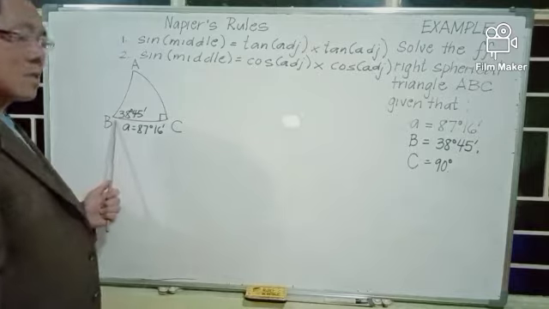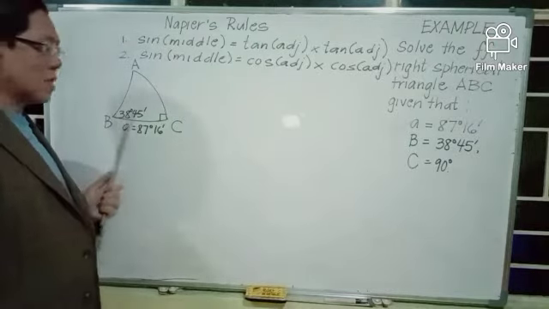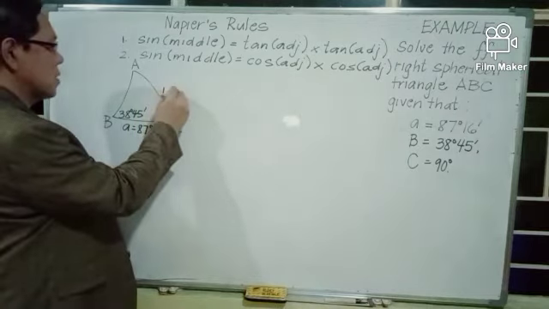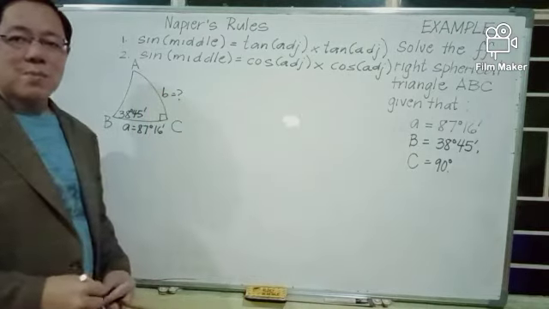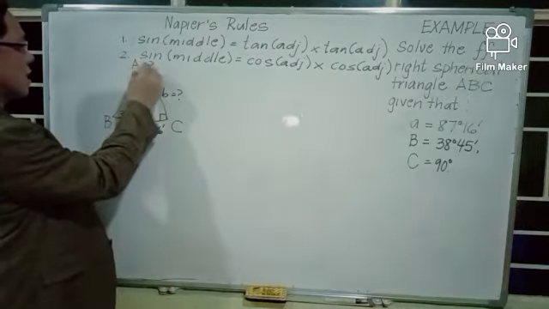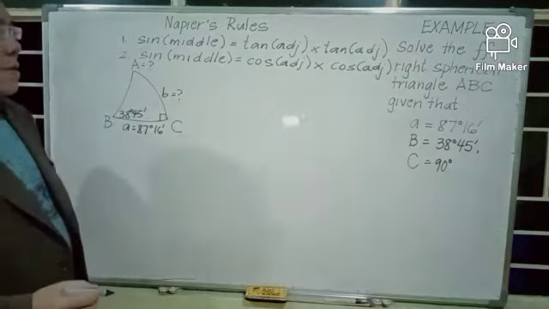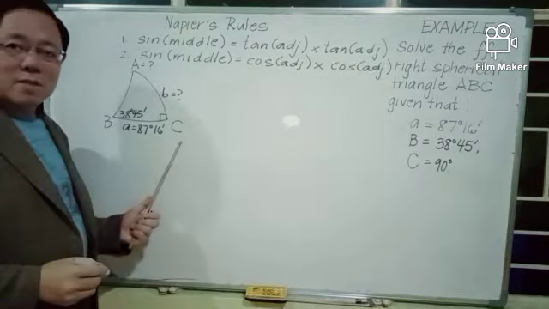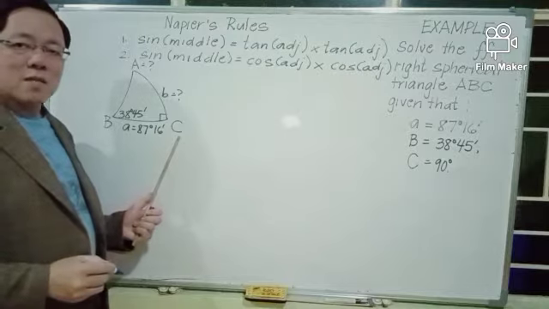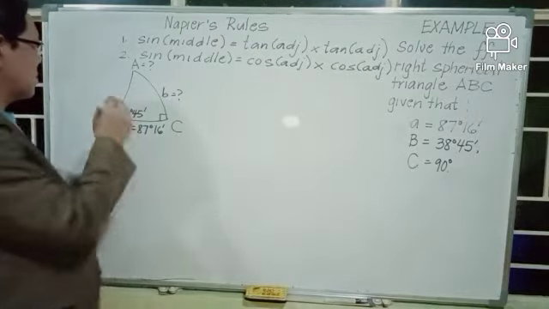And the side opposite the surface angle capital B is small letter b. And we will have to find small letter b and surface angle capital A. We also need to find the side opposite the right angle C, denoted by small c.